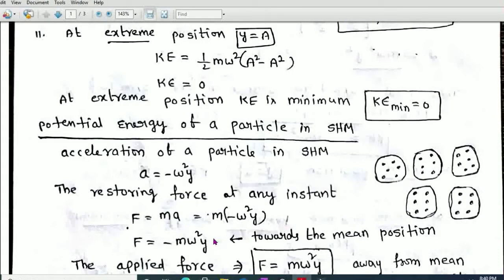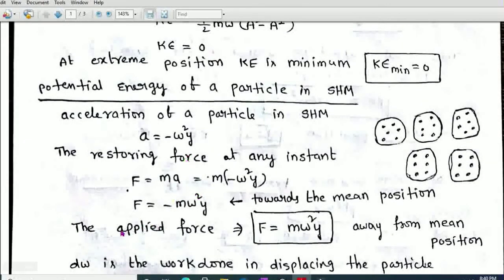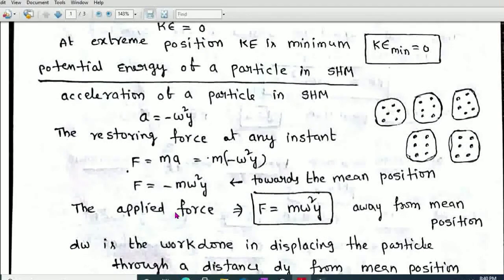But what we need to find is the work done in displacing the particle, which is stored in the form of potential energy. The force which displaces the particle is the applied force, not the restoring force. Due to the restoring force, the particle tries to move towards the mean position. Applied force and restoring force are equal in magnitude but opposite in direction.